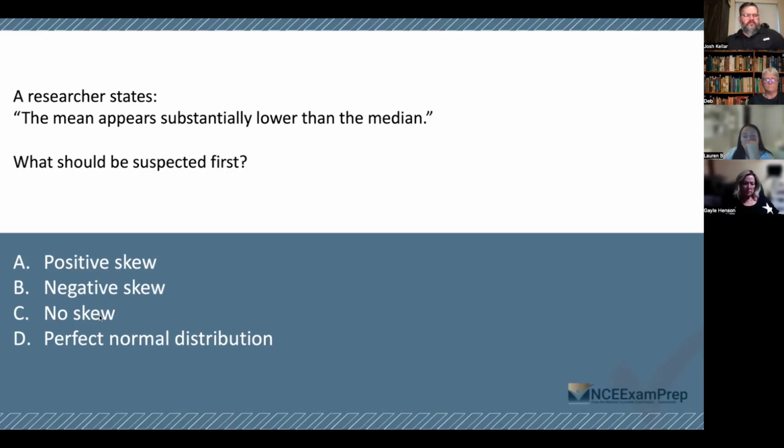The tail tells the tale, right? If our mean is lower than the median, that means the mean is to the left of the median. That means our tail is going to be to the left of the median, so it's a negative skew.